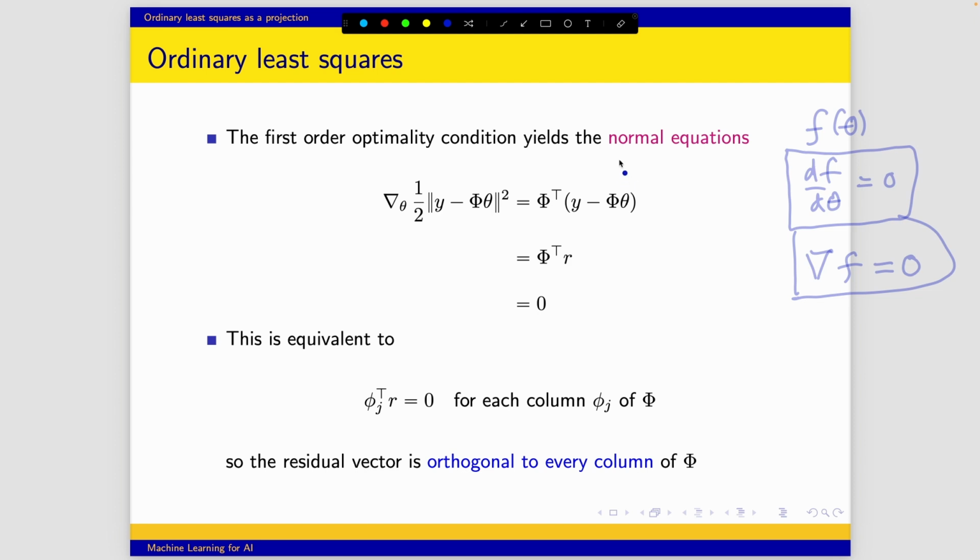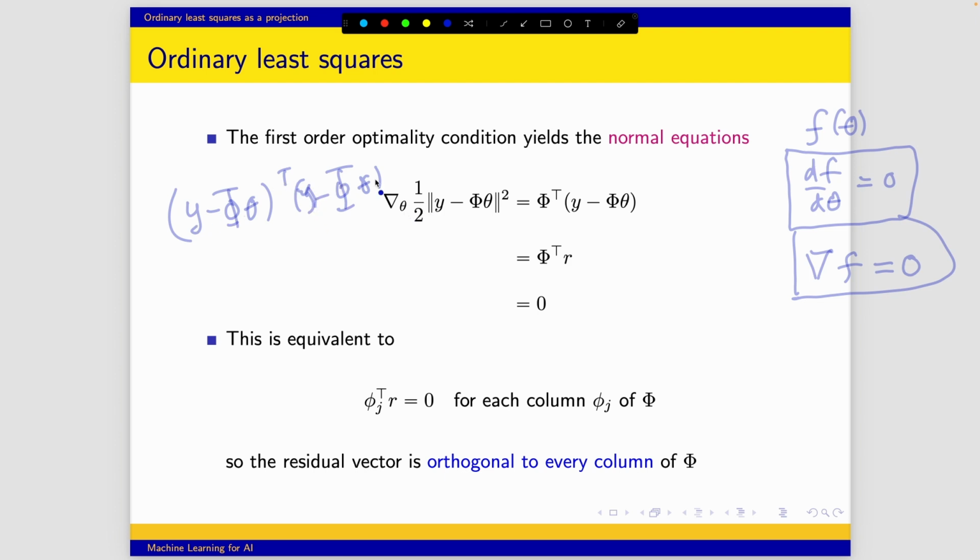And this leads to what we call the normal equations in ordinary least squares. Because what is the gradient of this thing here? It's the gradient of y minus phi theta, dot product of that with itself, y minus phi theta, right? And the gradient of this, we're going to get a 2, which will cancel the half.